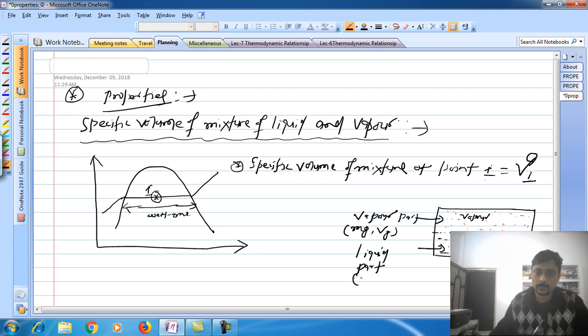Similarly, for the liquid part, the mass of the liquid part is mf and the volume of the liquid part is Vf, right?